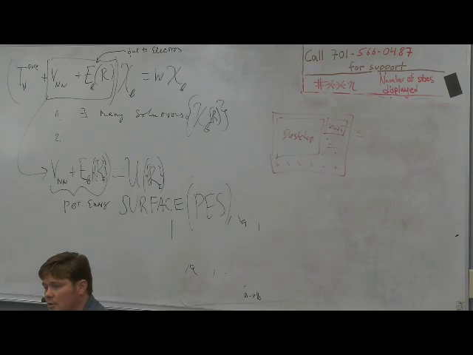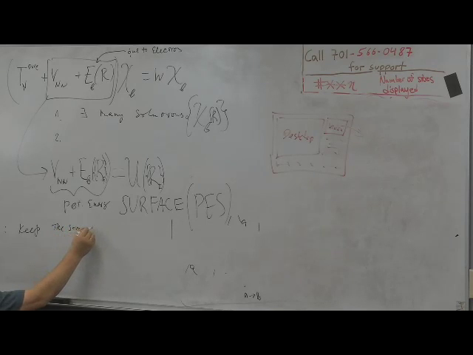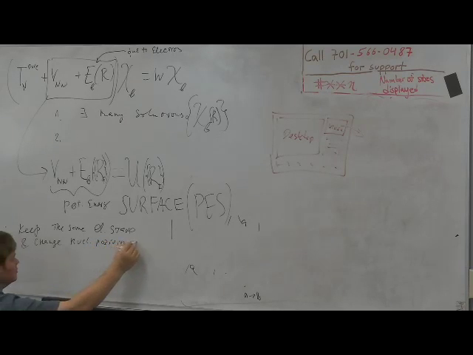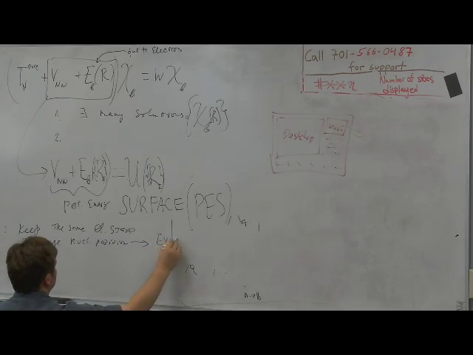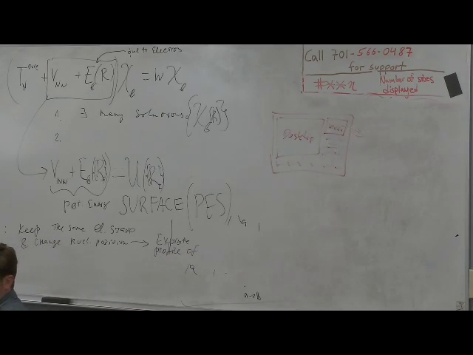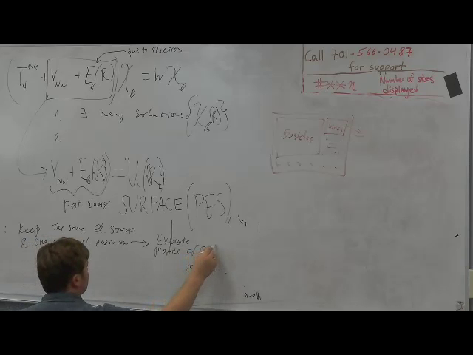So if you keep the same electronic state and vary the nuclei, you can see how the energy of that state differs. Keep the same electronic state and change nuclear position. Explore profile of not total energy, of potential energy.